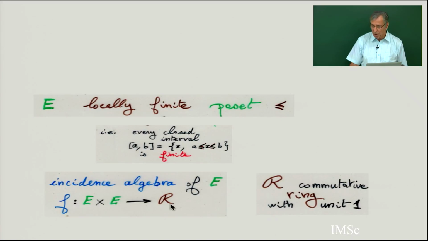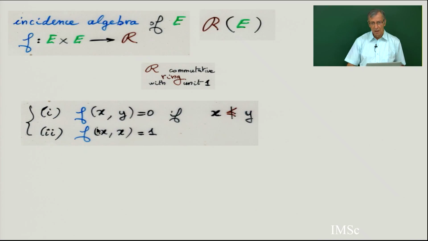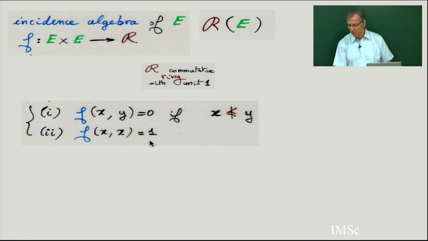Sometimes there is no condition, but it's good to ask the two following conditions on this function: that f of x, y is 0 if x is not comparable with y, so it is only defined for pairs where x is less than y. And sometimes people say for any x, f of x, x is a constant, but I put a 1, it's more convenient. So this is a set of functions.